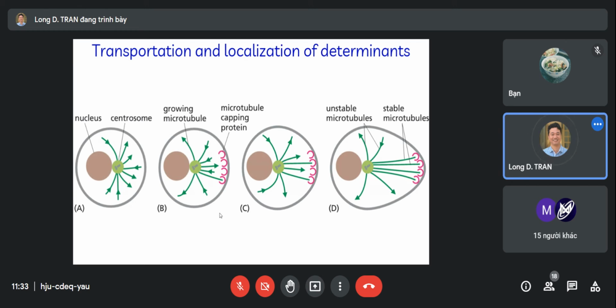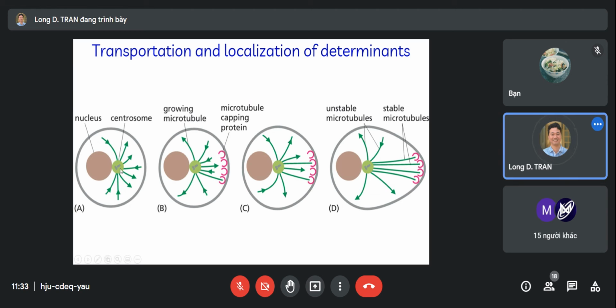Microtubules are very important for establishment of cell polarity, because they are involved in transport of many determinants.